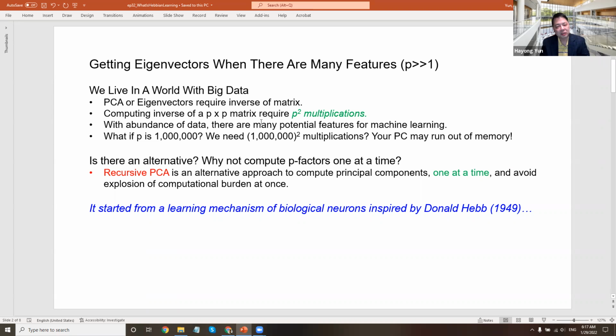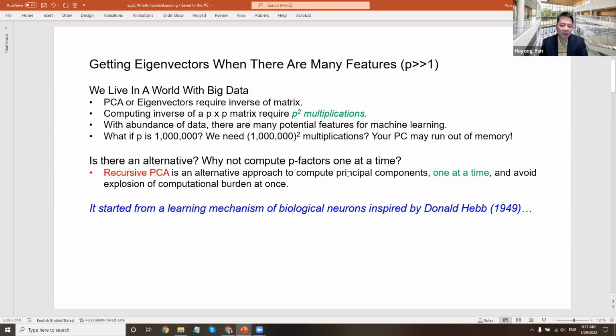Is there an alternative? See, the problem here is that if you have, let's say, 1 million features, the traditional method tries to compute and get the eigenvectors in one shot. That's why they require an explosive number of computations at once. But if we just need, let's say for PCA, the first and second principal components, why not compute the factors one at a time?